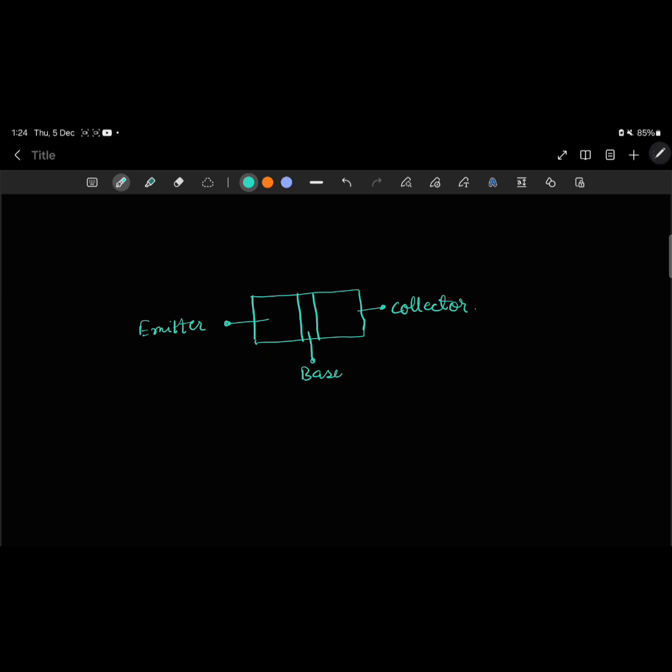There are two types of BJTs possible. In NPN transistors, the emitter and collector are doped with N type impurities, and the base is doped with P type impurity. On the other hand, in the PNP transistor, the emitter and collector are doped with P type impurities, and the base is doped with N type impurity.